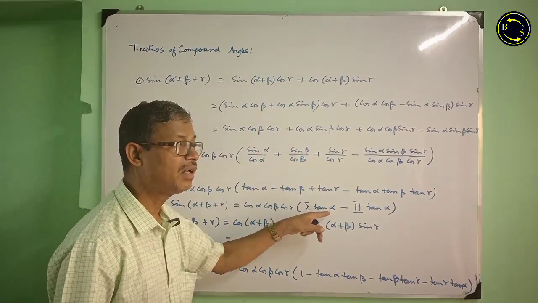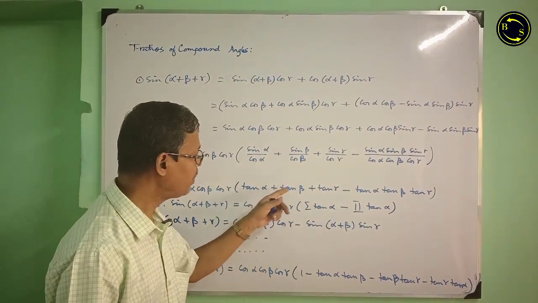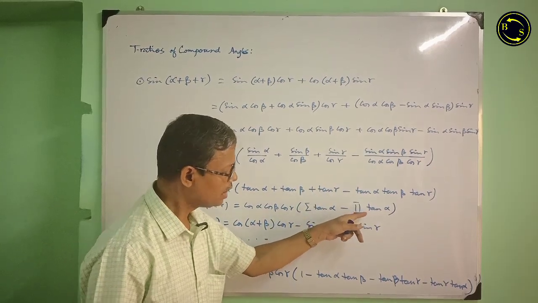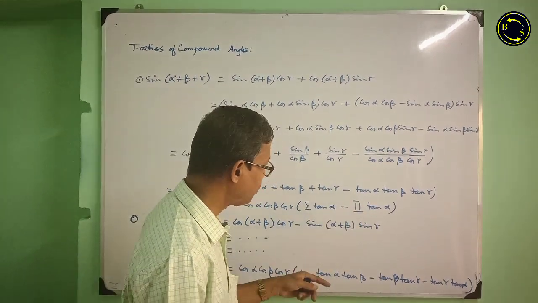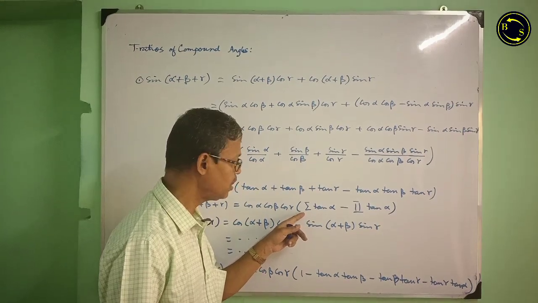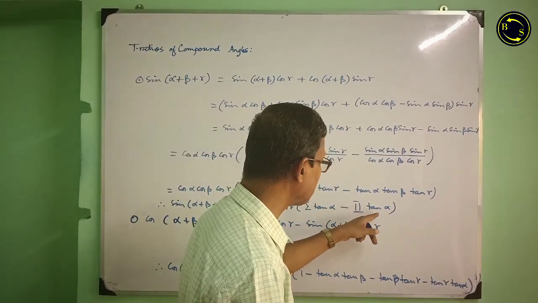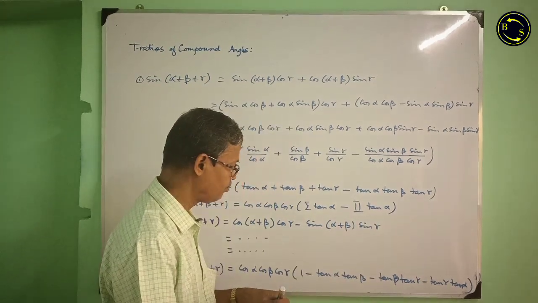Summation tan alpha means here tan alpha plus tan beta plus tan gamma, and product, that is actually capital pi, and this one is capital sigma. Tan alpha in this case means tan alpha into tan beta into tan gamma.